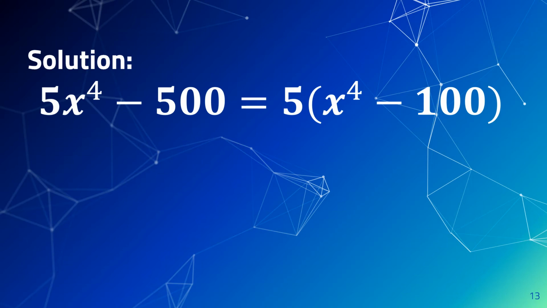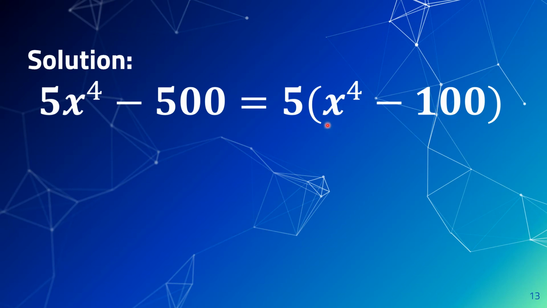Therefore, you can factor out 5 from x raised to 4 and 500. Using the lesson about the greatest common factor, you separate 5 as the greatest common factor, then enclose the two terms: x raised to 4 minus 100.